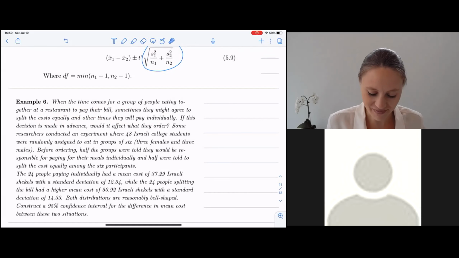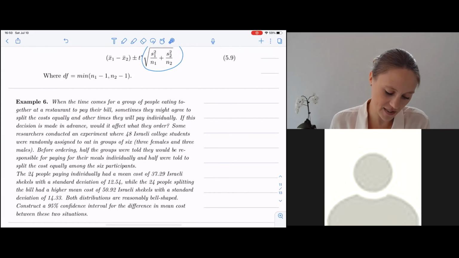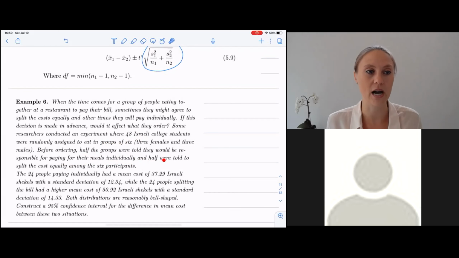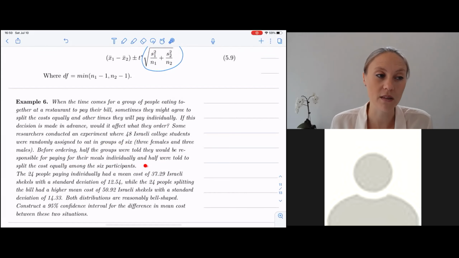If this decision was made in advance, would it affect what they order? Some researchers conducted an experiment where 48 Israeli college students were randomly assigned to eating groups of 6, 3 females and 3 males. Before ordering, half the groups were told they would be responsible for paying for their meals individually, and the other half were told to split the costs evenly among the 6 participants.